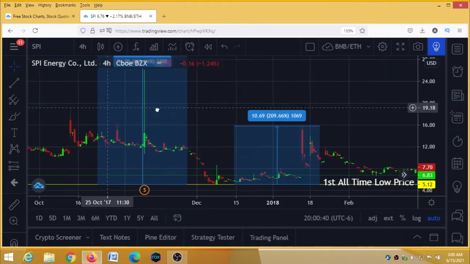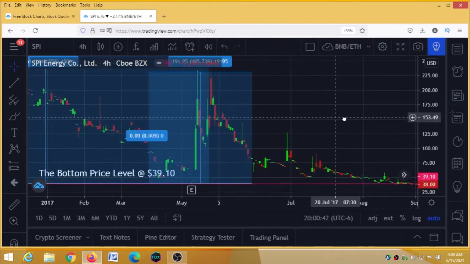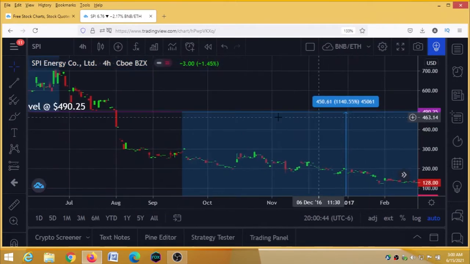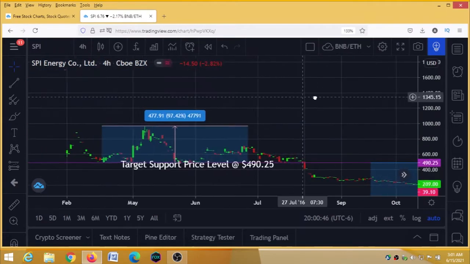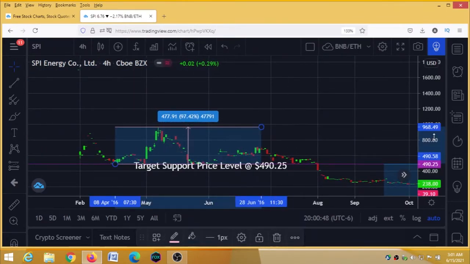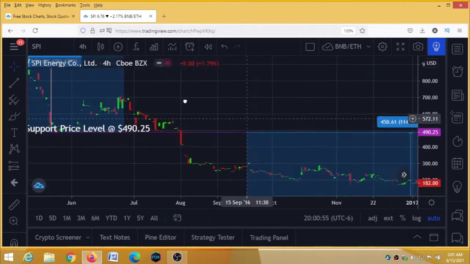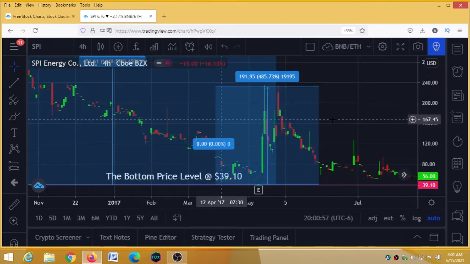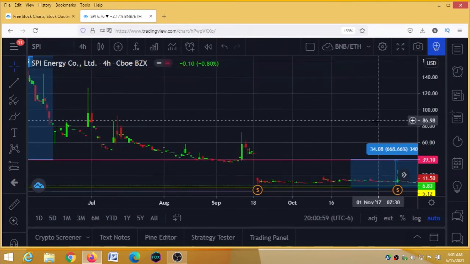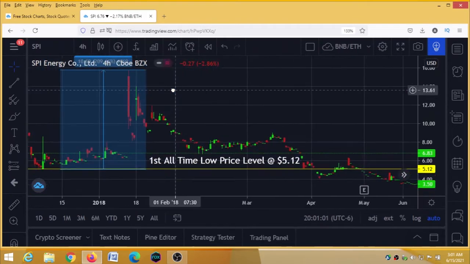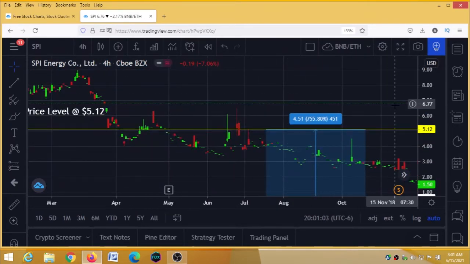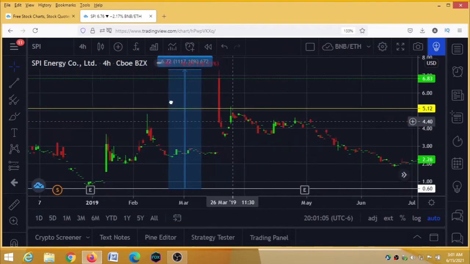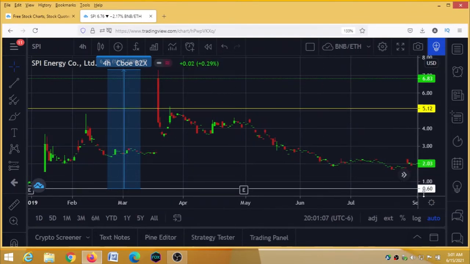For example, the SPY stock has dumped from its all-time high price level of $968.49 to an all-time low price level of 60 cents, with some massive spikes in price action I just showed you on a candlestick price chart. Now you can see that most of the stocks we trade are programmed to continuously dump in price value, and that's the bad news.